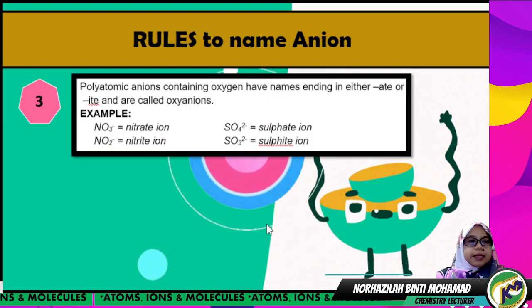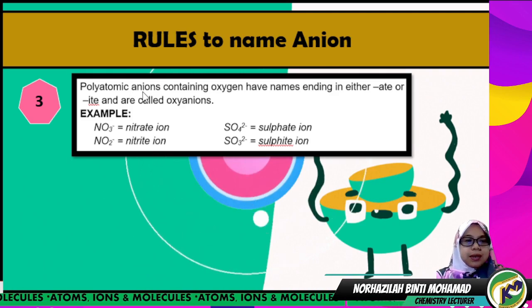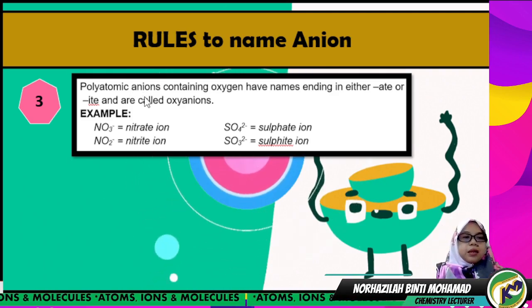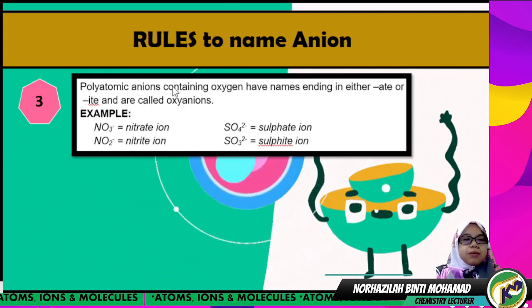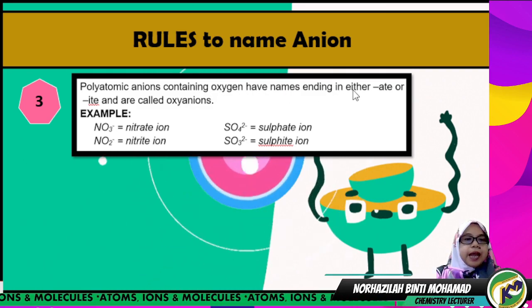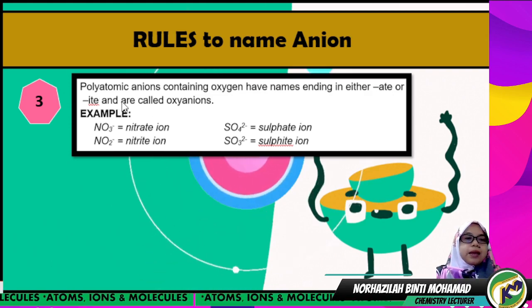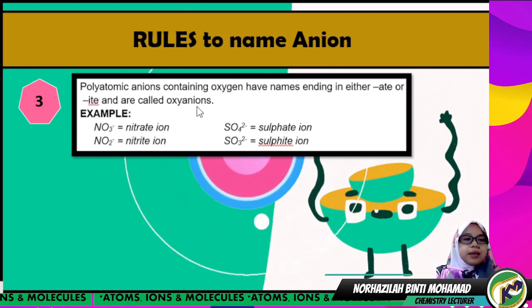Okay, the third rule, polyatomic anions once again. Polyatomic anions containing oxygen have names ending in either -ate or -ite and are called oxyanions.